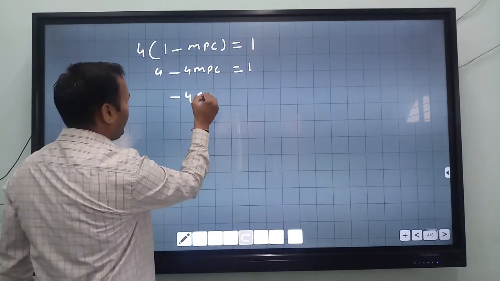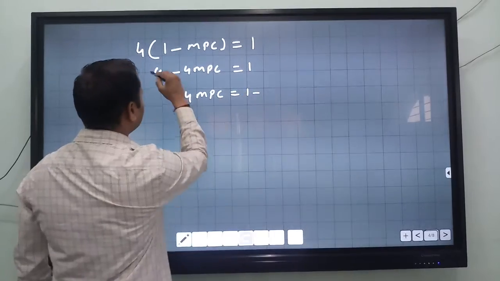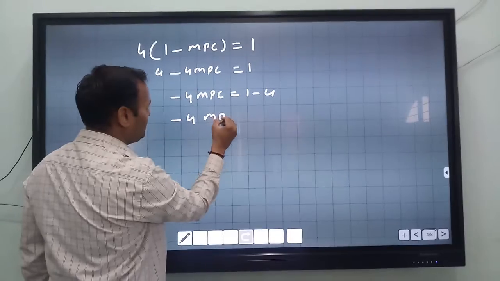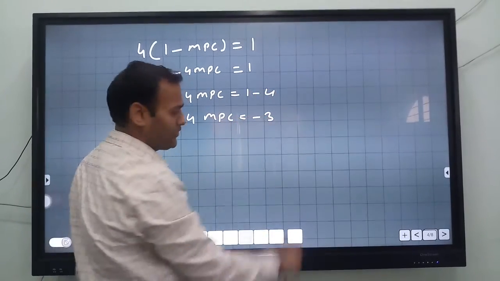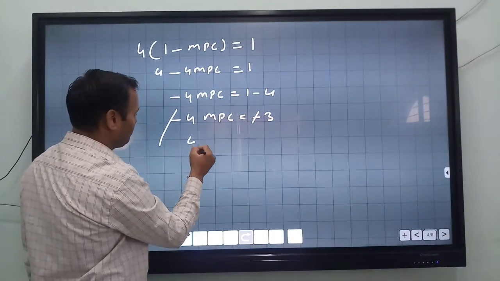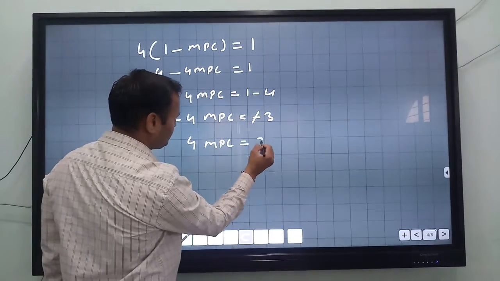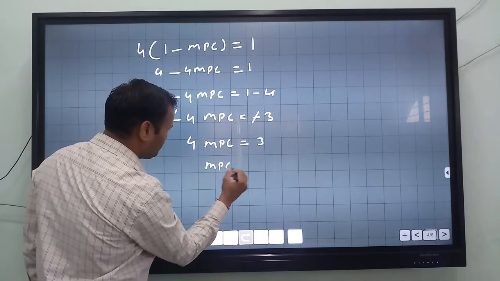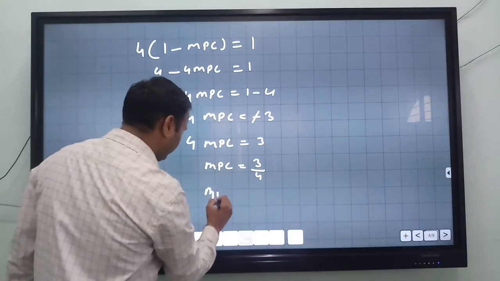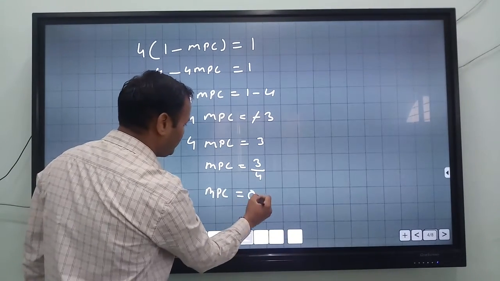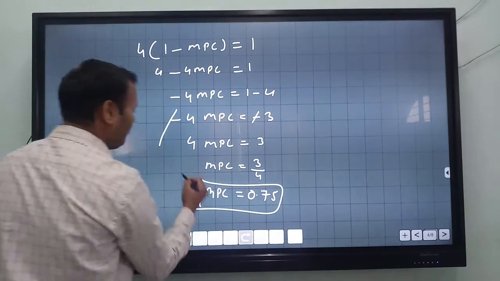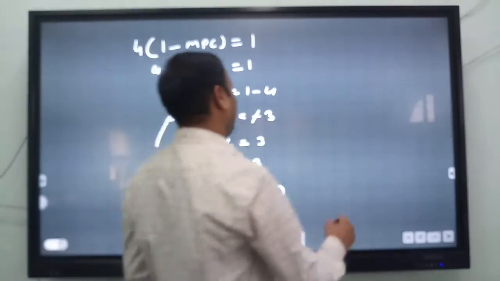Now 4 comes on this side as minus 4. So minus 4 MPC is equal to minus 3. The minus signs cancel, so 4 MPC is equal to 3. MPC is equal to 3 by 4. When 3 is divided by 4, we get 0.75. Now we have the value of MPC, that is 0.75.